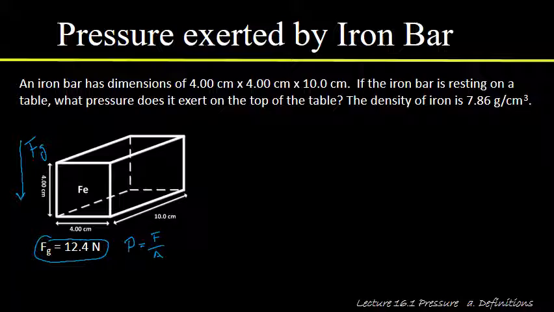And for this particular object, the iron bar is resting on a table, and so the surface through which that force is acting is the area of contact between the iron bar and the table. And that surface has dimensions of 4 centimeters by 10 centimeters. Okay. So we can calculate that area.